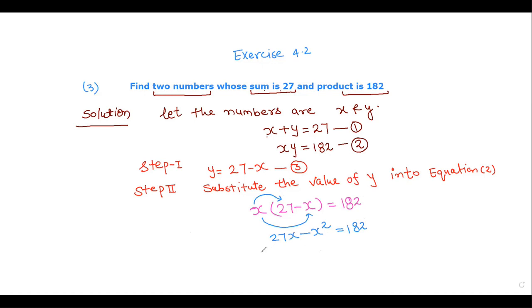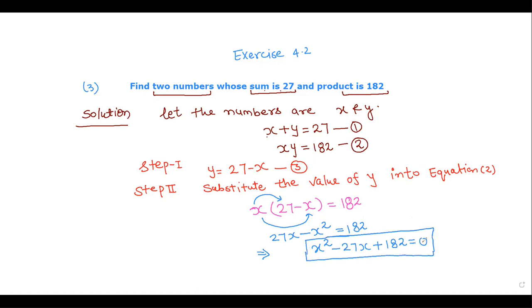Also we can write this, if you take it to the left hand side, as x square minus 27x plus 182 equal to 0. Now you see we have this quadratic equation which we need to solve.